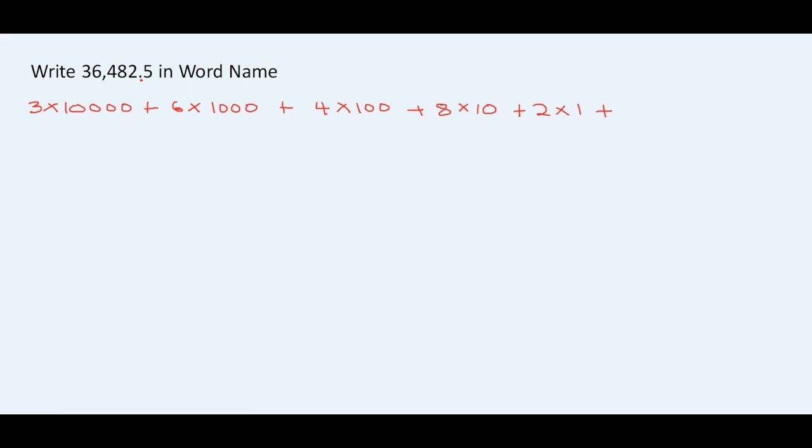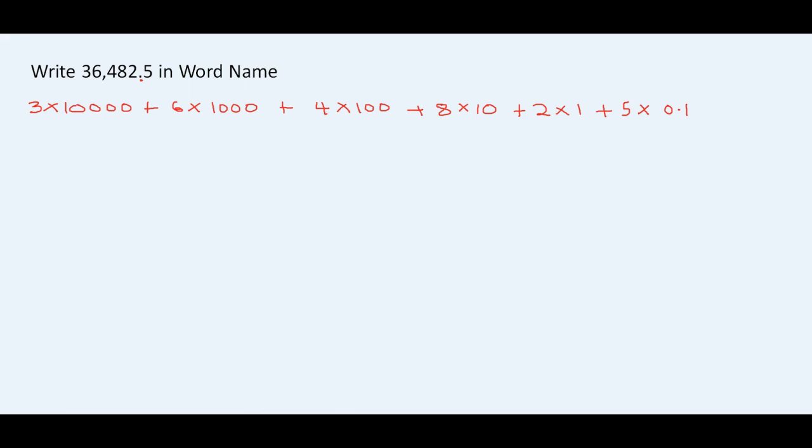Let's do it in the right order. So we have plus 5 multiplied by 0.1. In this case, as you go toward the right-hand side, you're going to add 0 after the decimal, representing the number of digits before that number. When we go through more examples, you'll see how that works.